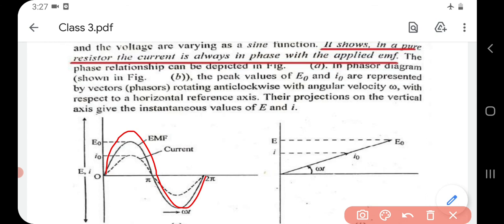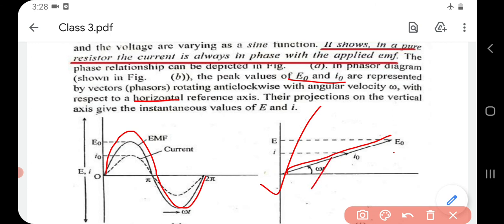Now, this behavior is also expressed in the phasor diagram. See, both EMF and current are in phase. The peak values E0 and I0 are represented by phasors, rotating anticlockwise with angular velocity omega.